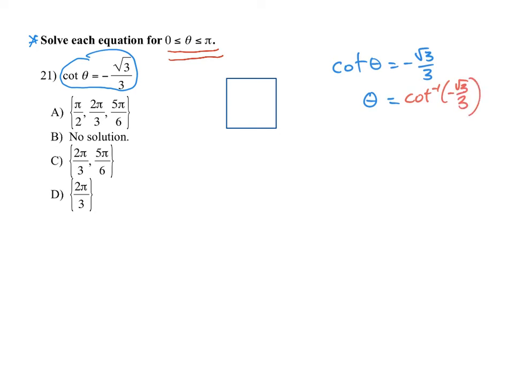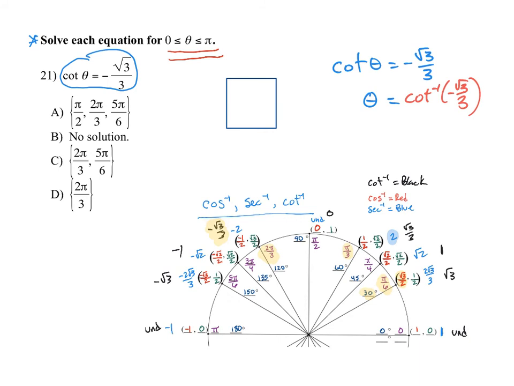For that, we need the top part of the chart. We don't use the bottom. We use the top or the right. So we're going to use the top because this is a cotangent function. I'll bring it in right now. Bam, there it is. This is the top of the chart that we made in the other video. All we're going to do is search for our cotangent number, negative square root of 3 over 3.